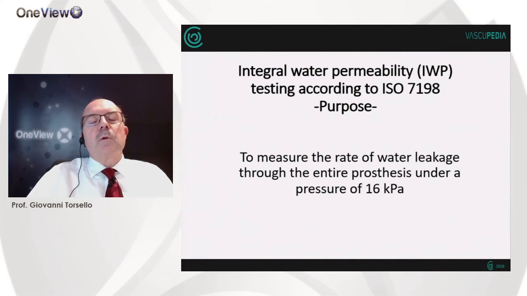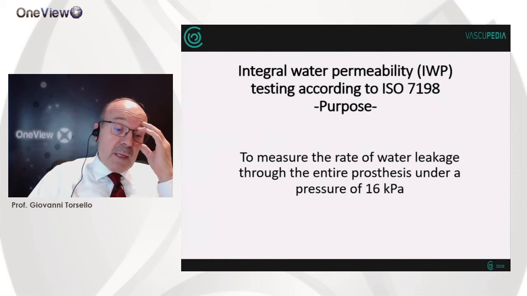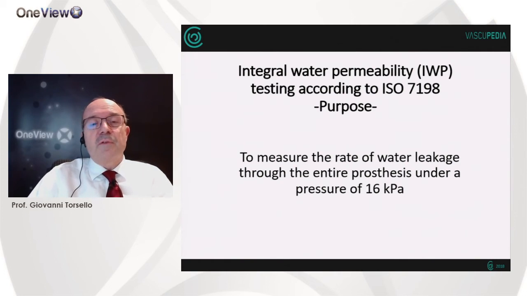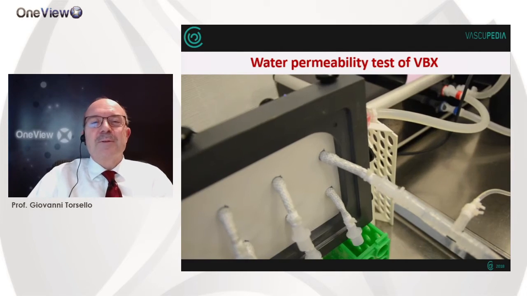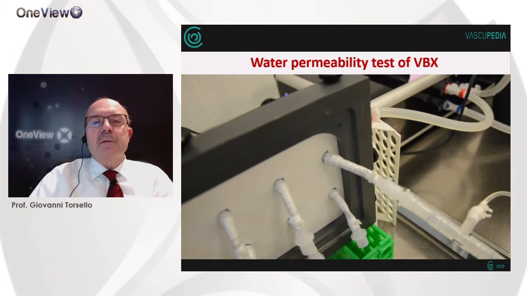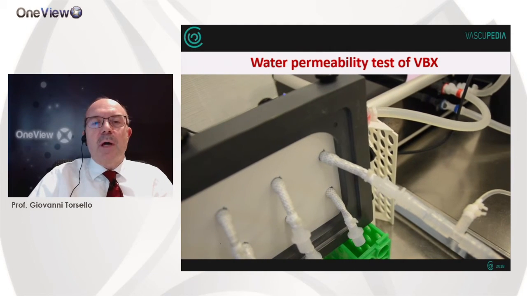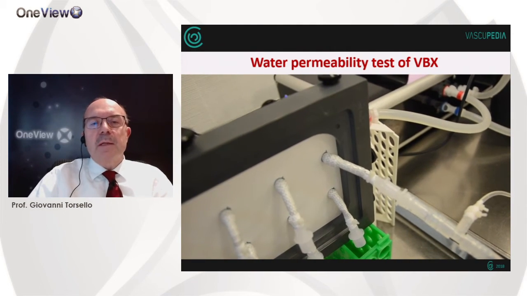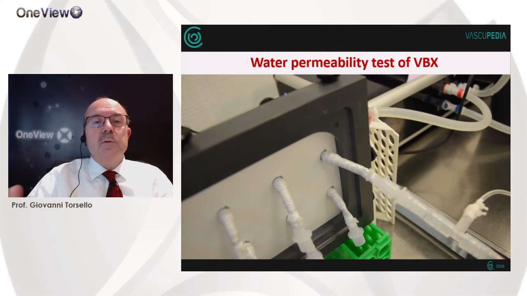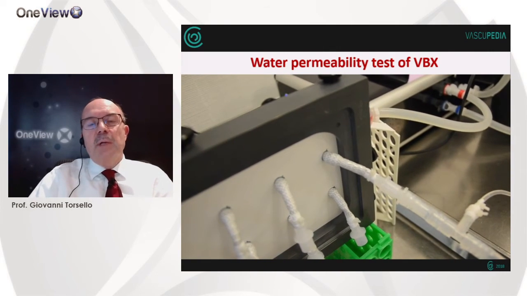The next step was to better understand what is the permeability, the water permeability of the stent after we have flared the stent. And for this, we used a standardized approach, so-called ISO 7198, as you can read here. And we connected the stent with a pump, and we increased the pressure in the pump up to 140 to 80, or even up to 300 millimeter of mercury.